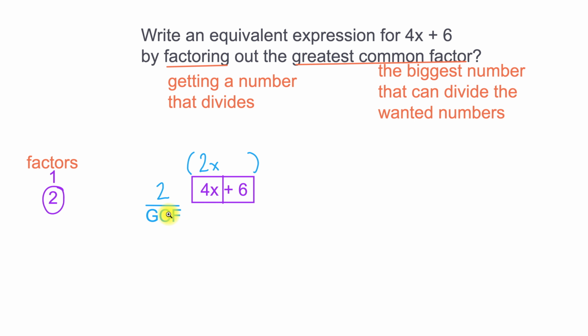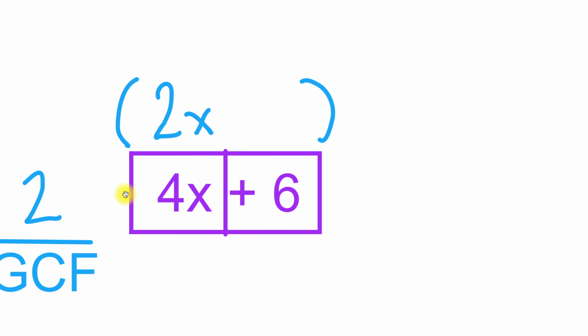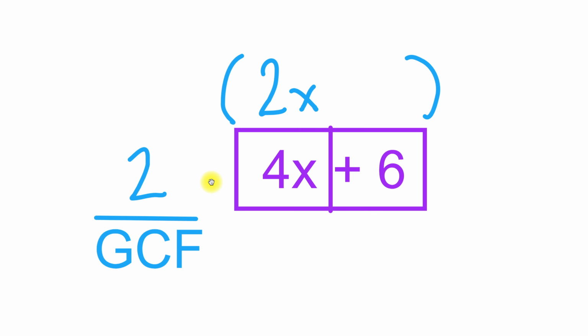And actually, let me zoom in. I want to focus on just this part for now. We took this first term 4x, and we divided it by our GCF 2. And 4 divided by 2 gave us 2. So 4x divided by 2 is 2x, positive 2x, right?